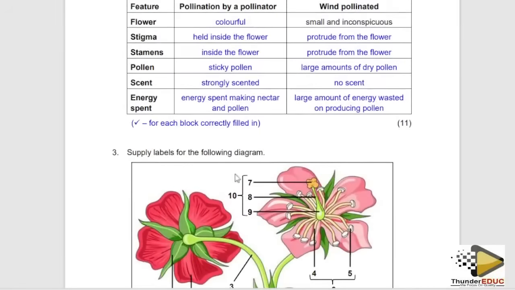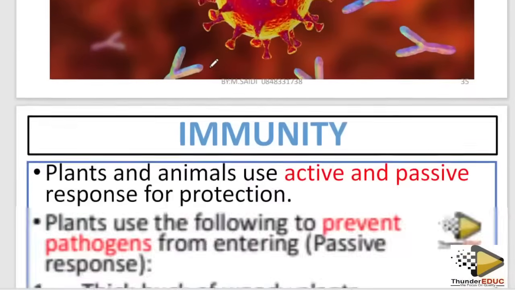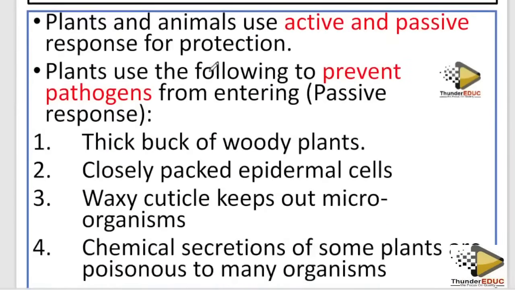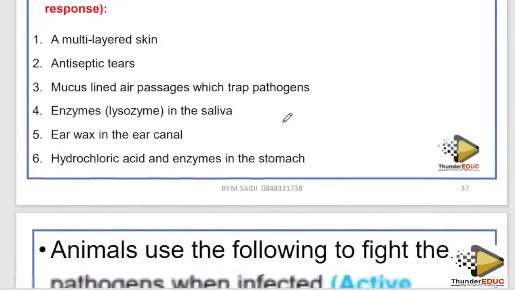Okay, I'll go there when I reach the flowers. All right. Then the next question is immunity. So please don't go without knowing the immunity, because if we don't bring fungi, we bring immunity. Yes. All right, let's go.